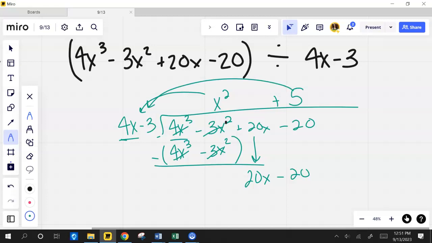Take the 5 and multiply it by -3. -15, or -20 minus -15. Wait. Yeah. Right. So, 20x minus 15.